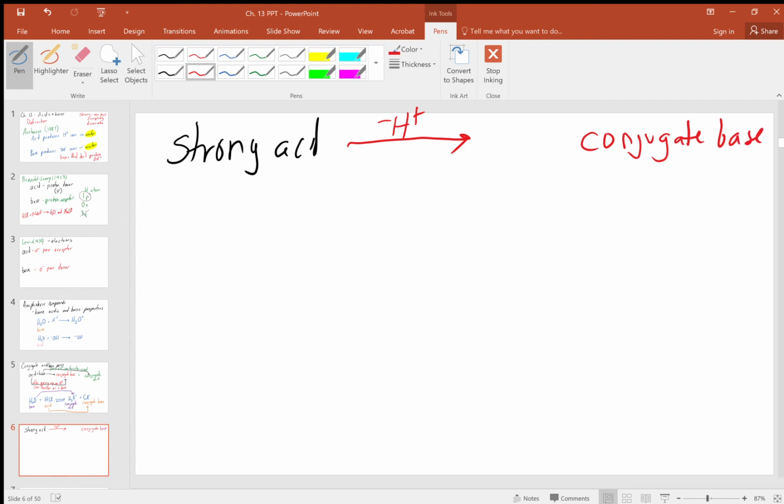So after a strong acid loses a proton, it's going to form a conjugate base. Is that conjugate base that forms going to be weak or strong? Well, if that strong acid is very willing to give that proton away, does it want the proton back? The answer most likely here is no. And so a strong acid, after it loses a proton, gives a weak conjugate base.